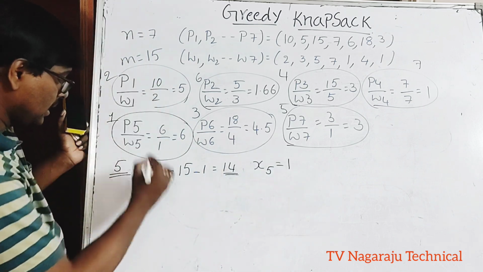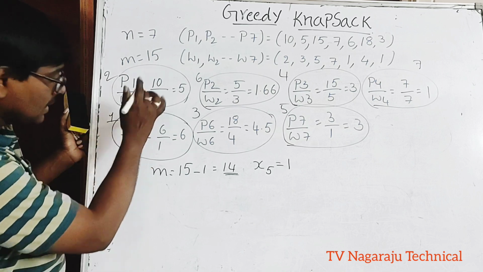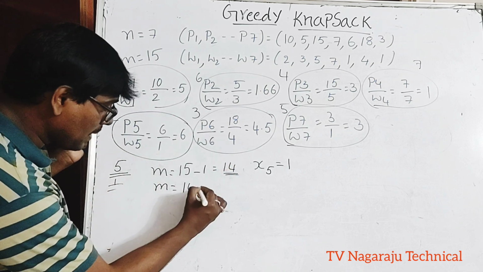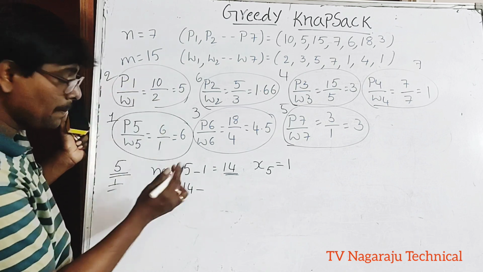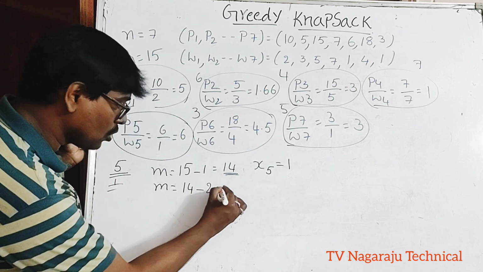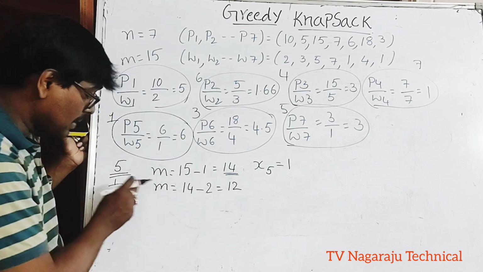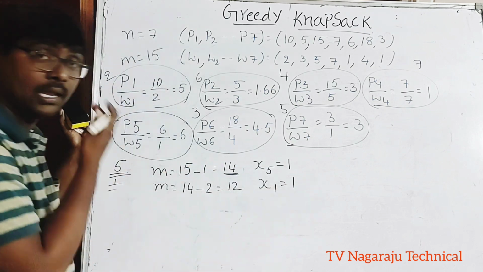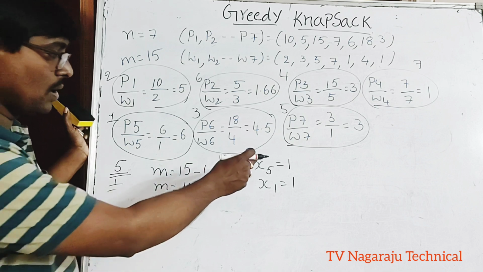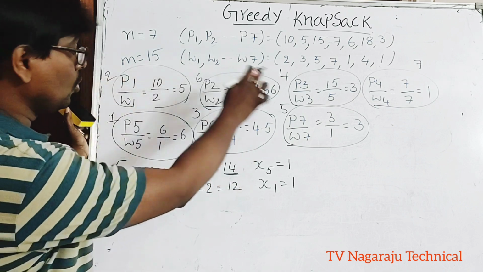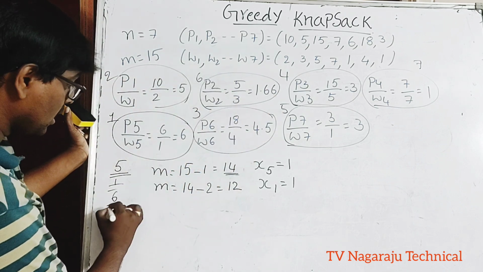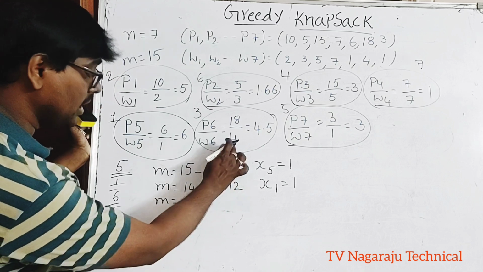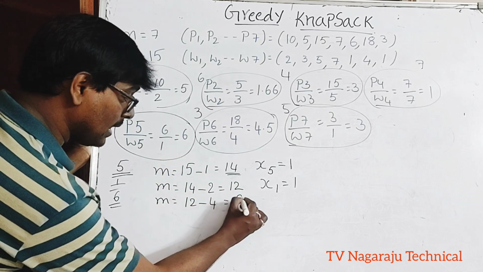After the fifth object, next consider the first object. Previous capacity 14, now subtract the weight of the first object, 2, that is 12. My first object is also placed successfully. The value is 1. After that, the sixth object. So M is equal to the remaining capacity 12 minus 4, 8.